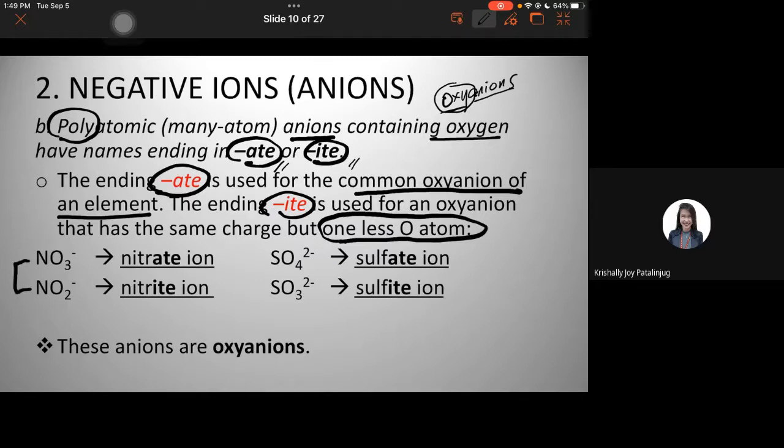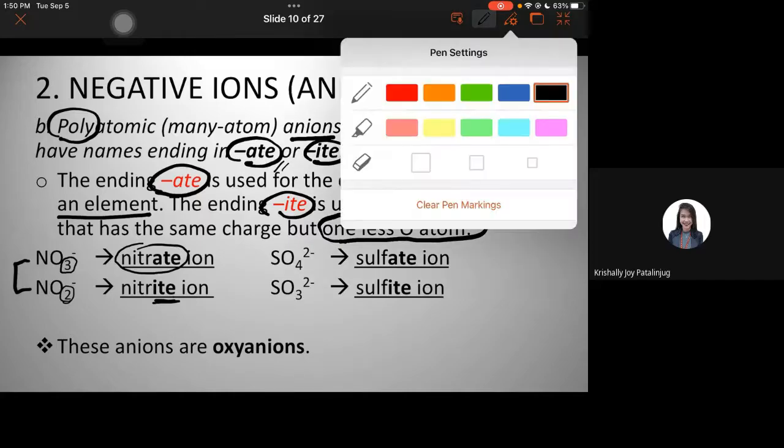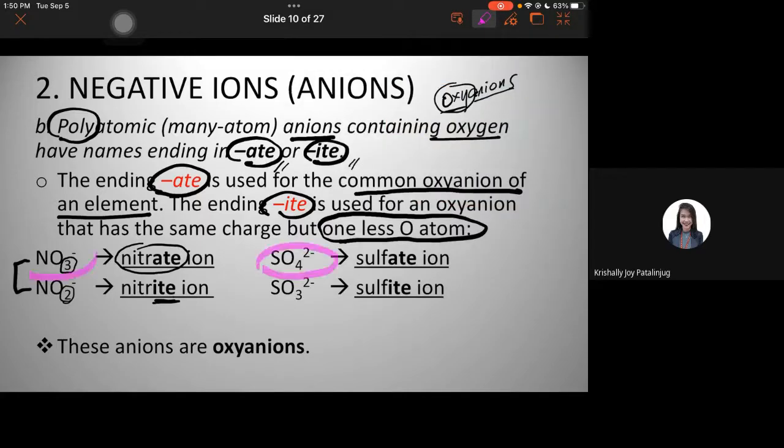From the common oxyanion of nitrogen, nitrate, NO3 negative, one less oxygen from nitrate, it now becomes nitrite. So that's why I only emphasize the most common oxyanion. Once you memorize the most common oxyanion, then one less oxygen from that, you can extract the ite form.